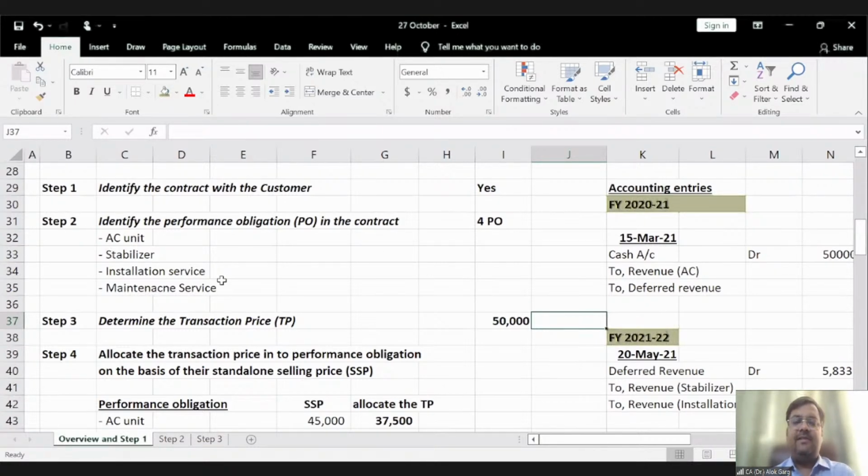Like in this case, friends, for example, if I am a contractor and I'm entering into a contract with a customer that I will construct this building and I will take 10 lakh rupees. Now the customer is saying, I want you to please complete the construction before Diwali, because I want to do the housewarming in Diwali.